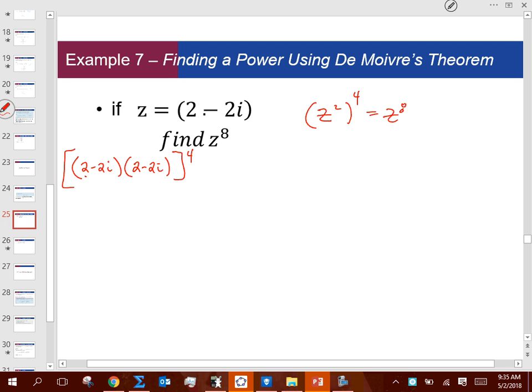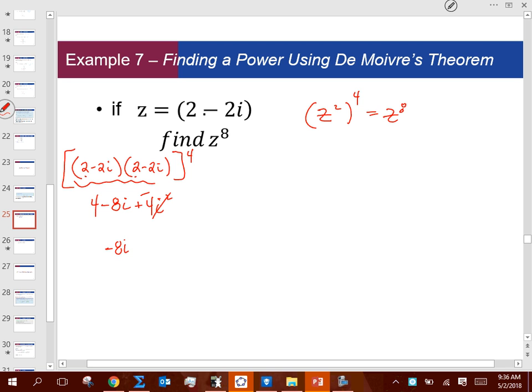Well, if I FOIL, 2 times 2 is 4, right? I'm going to get negative 4i and another negative 4i, so negative 8i. And then negative 2 times negative 2 is positive 4, and then i squared turns into a negative, and I'm left with just negative 8i, right? Does that make sense?